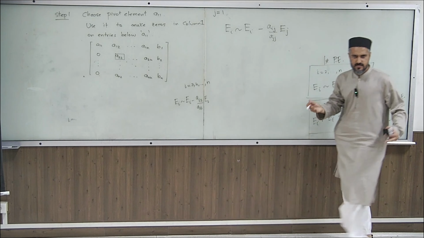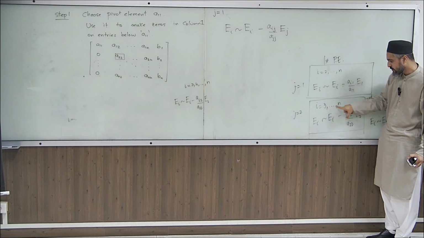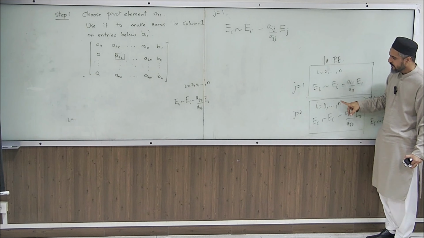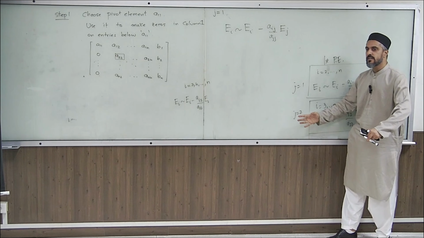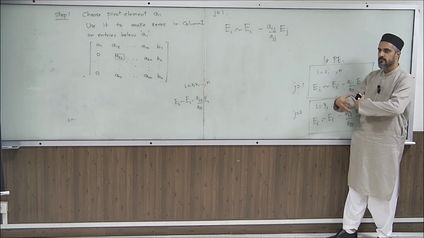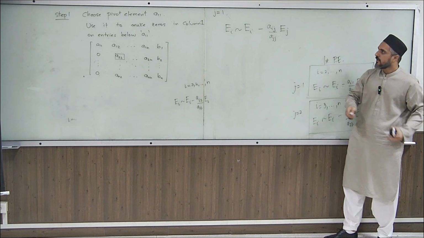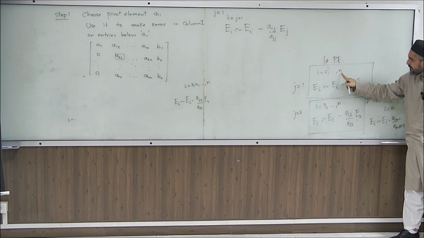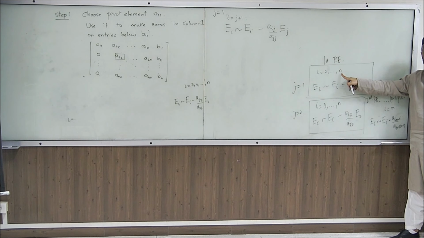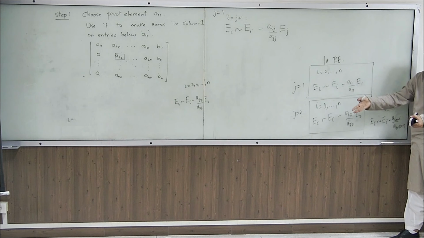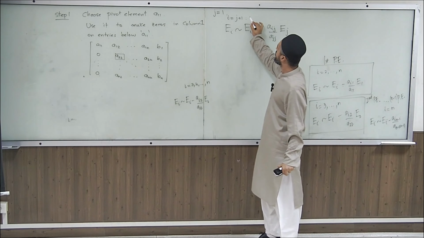If j is equal to 2, it will run from 3 to n. So for a general j, i will run from j plus 1, and the ending point of i is always n. So it is from j plus 1 to n.